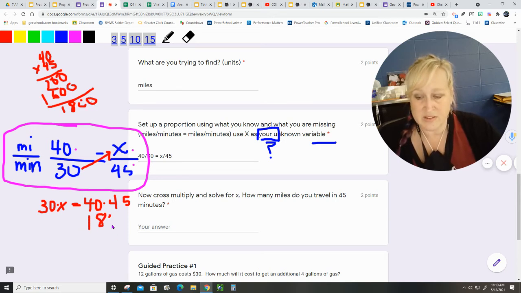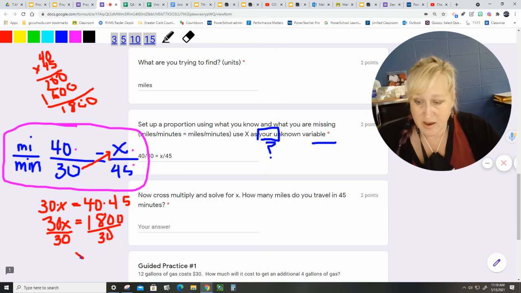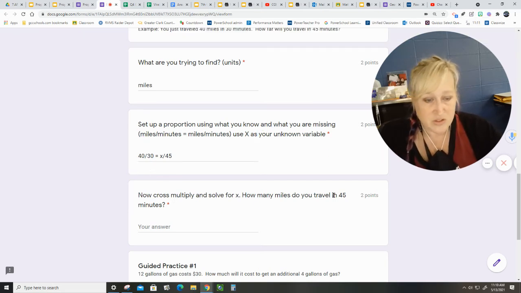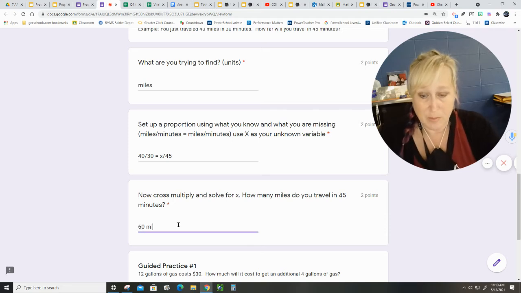So 1,800 is 30x. I'm going to divide both sides by the 30 to isolate that variable X. X then should equal 60. So how many miles do you travel in 45 minutes? You will travel 60 miles.